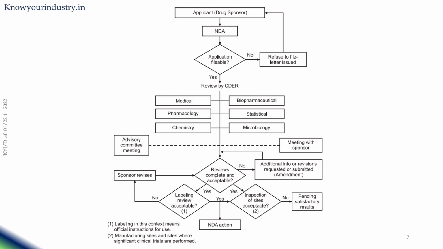Simultaneously, the sites where the product is manufactured go for inspection. If it is acceptable after inspection, then the NDA takes action. If it is not, they give it as pending satisfactory results. So this is the flowchart of the review process of NDA, that is new drug application.